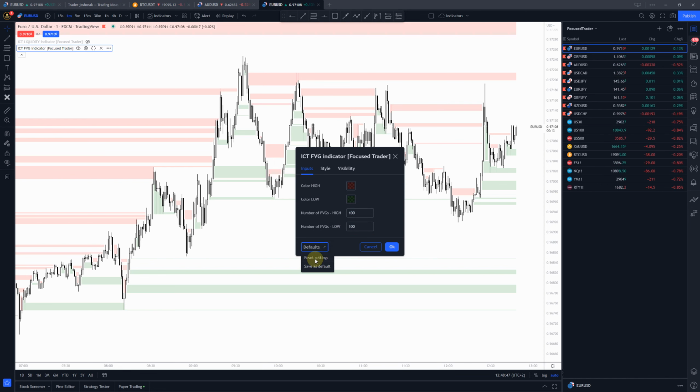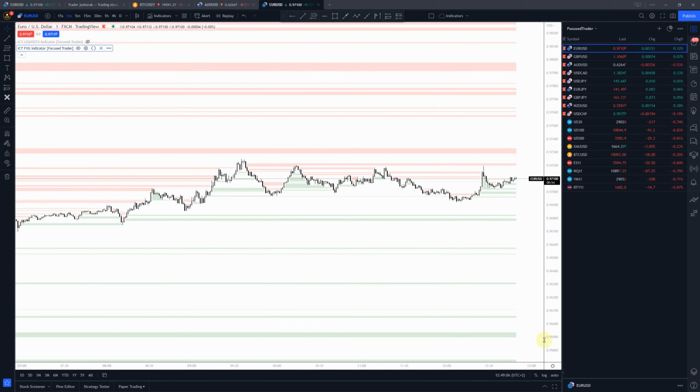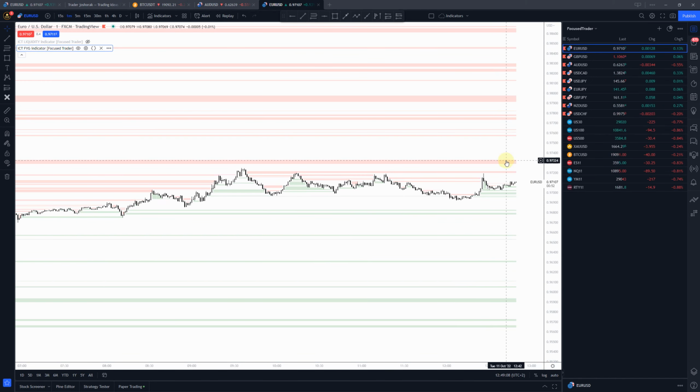I think the better way will be to reset the settings. So let me reset settings, and you see that it's set to 100. If I put 200 there and then press reset settings, it will go back to 100. So 100 is the default setting for this indicator.